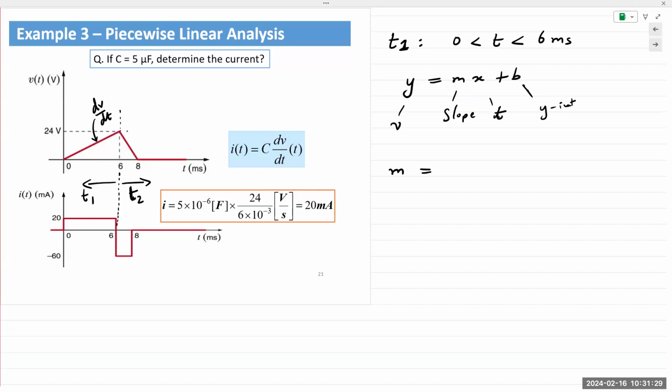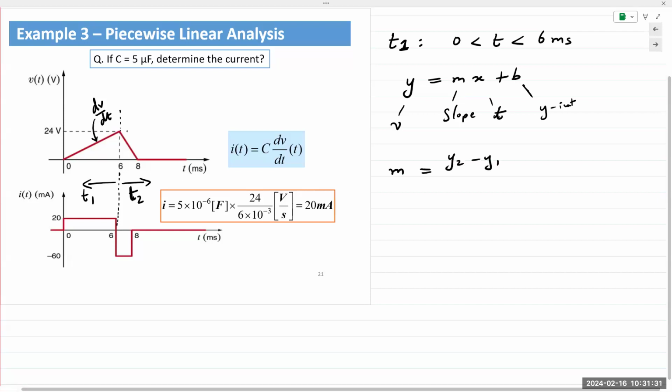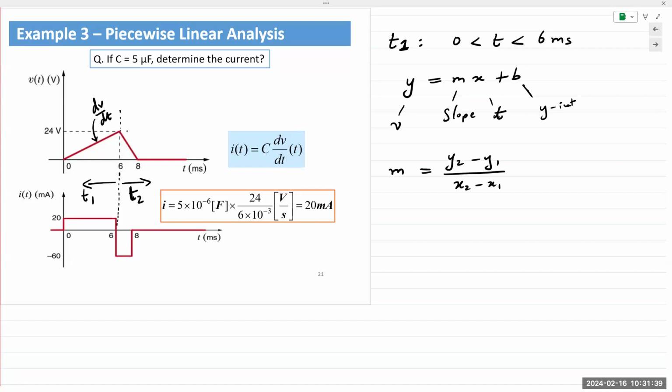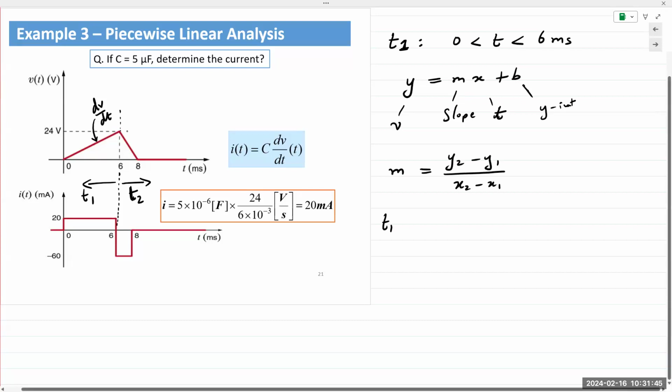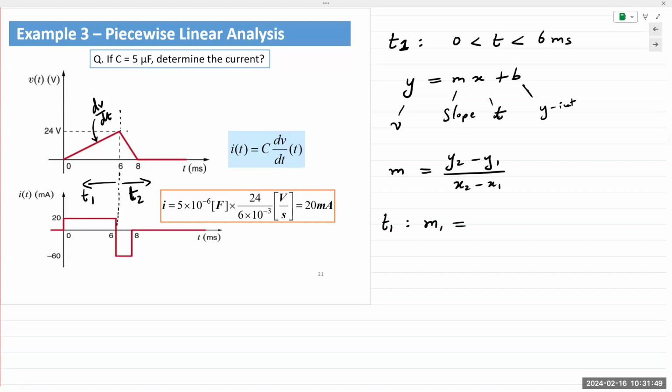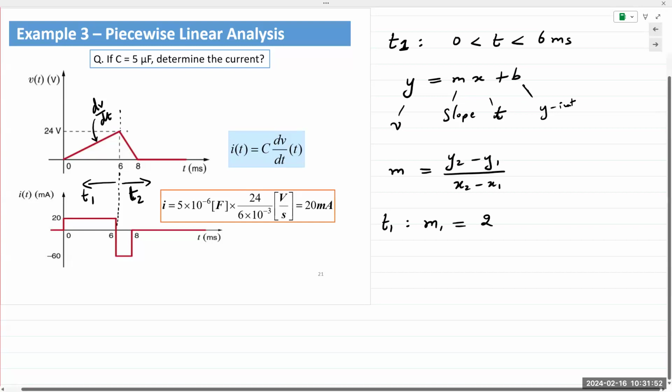So as a refresher, slope can be given by 2 coordinates. We take 2 points, find the coordinates, and simply plug in the values, and you'd have your answer for the slope for the first time period. So for T1, I will call that M1. I'll take the two endpoints. I would have 24 minus 0 volts and 6 minus 0.